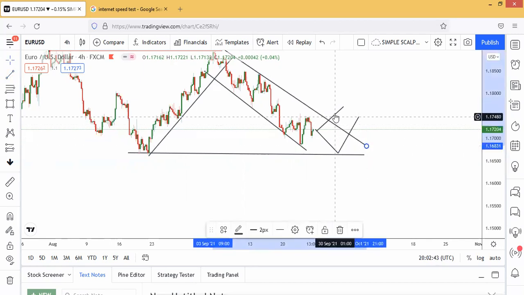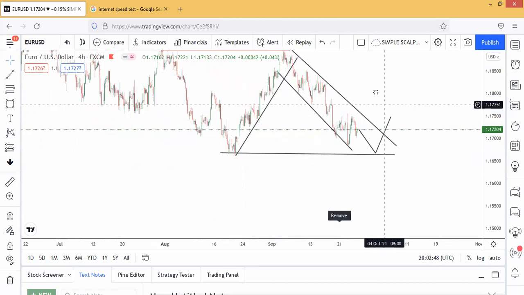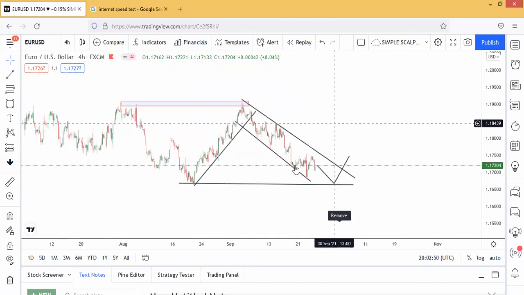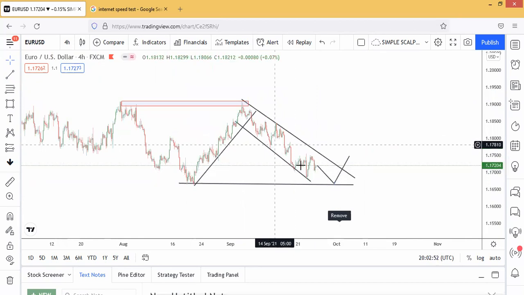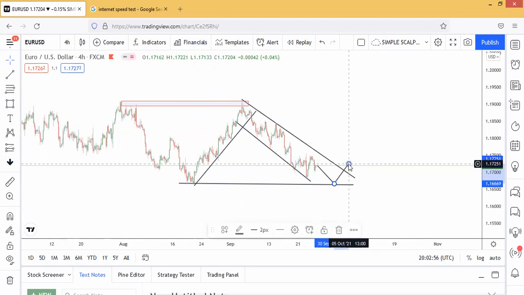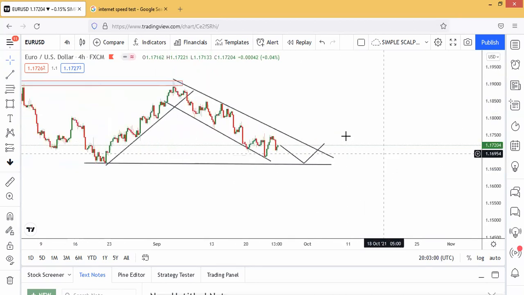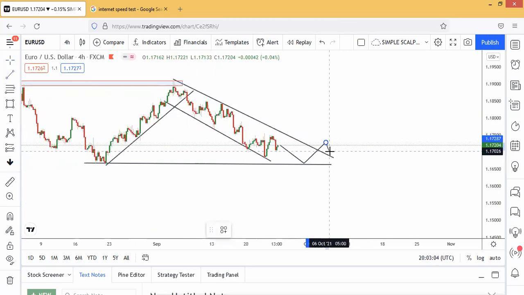I hope this is clear. This tells us that price is changing trend. It's as simple as that. So we expect breakout to happen when there is change of trend. I hope this is clear.